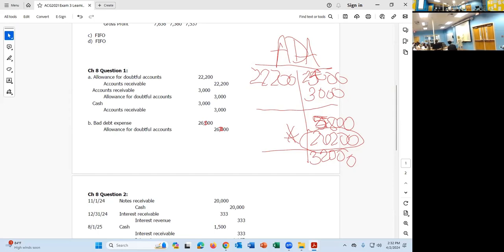You can have stuff go either way throughout the year, but it's going to start there and end there, because it's a contra asset. Its job is to decrease the balance of the accounts receivable that it attaches to. Questions on uncollectible accounts receivable?